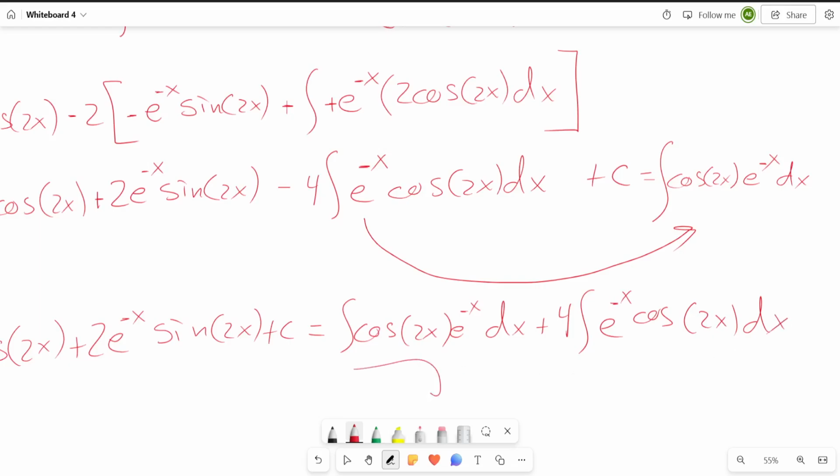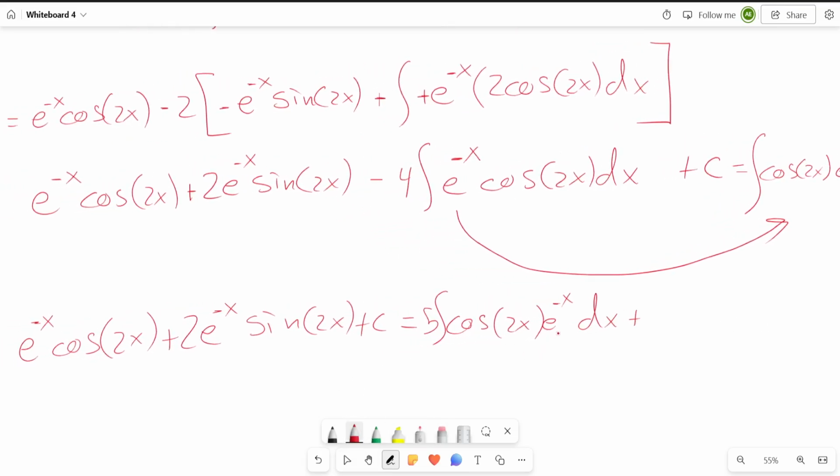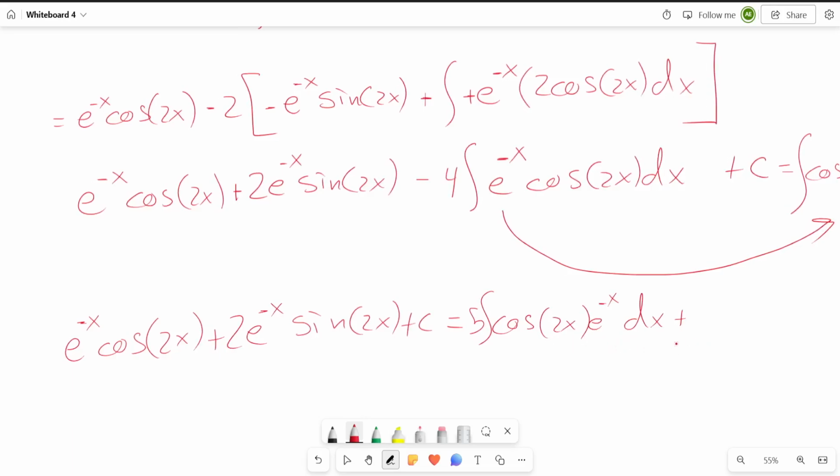I can see that this term is exactly similar to this term. So this is basically a 1, this is a 4. I can combine them together. 1 plus 4 is 5, so I can erase all this and put this as 5 integral of cosine 2x e to the power of negative x dx.